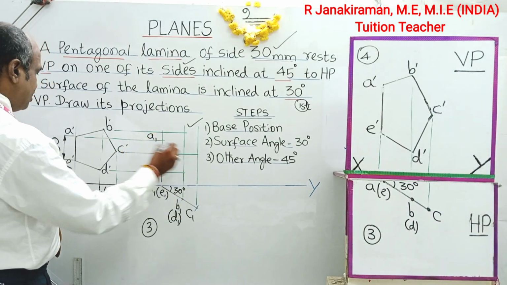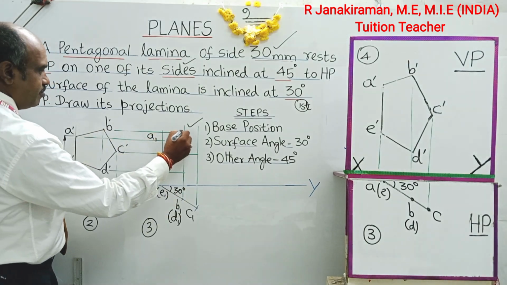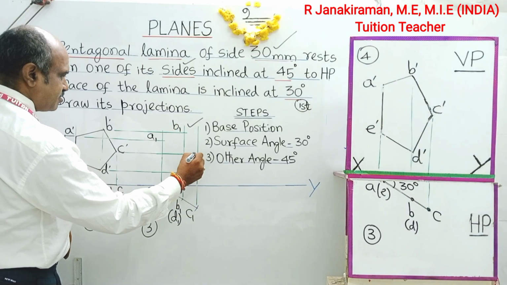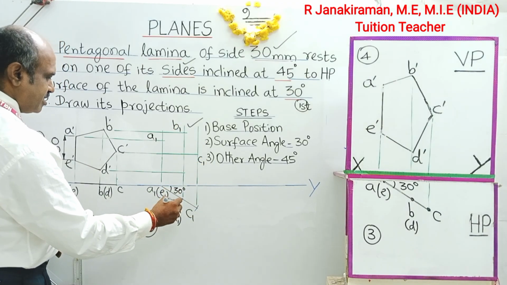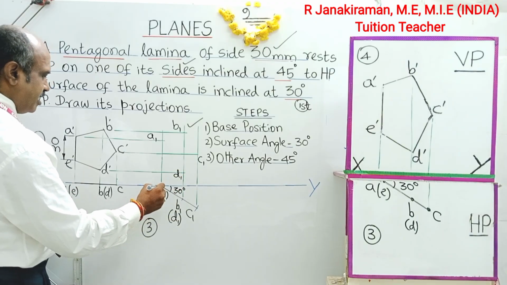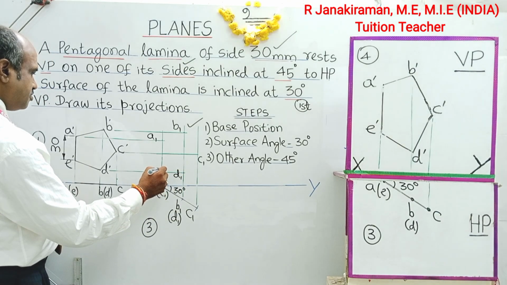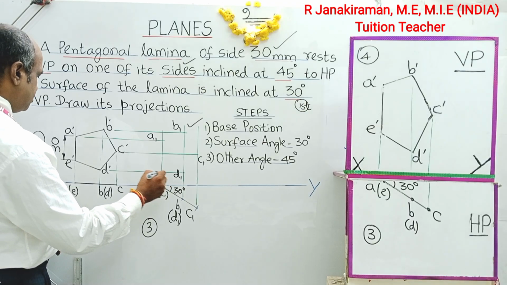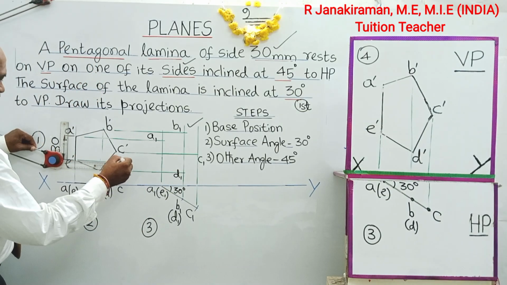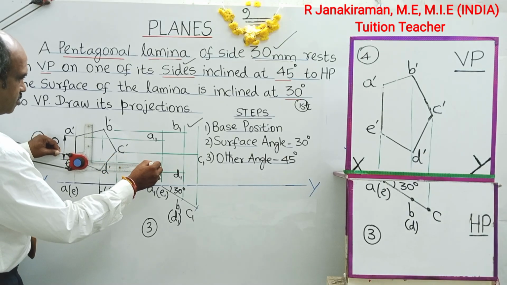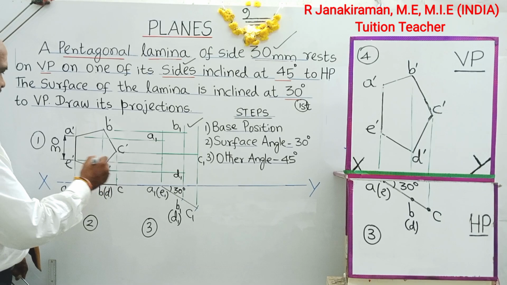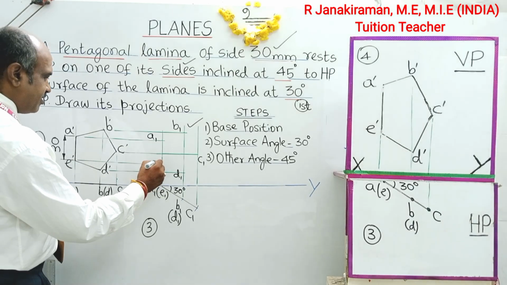Similarly, B suffix 1. Next is horizontal C, vertical C suffix 1. Next D. This is D suffix 1. Next E. Draw the horizontal projector using a 2H pencil. This point is marked as horizontal E, vertical E suffix 1.